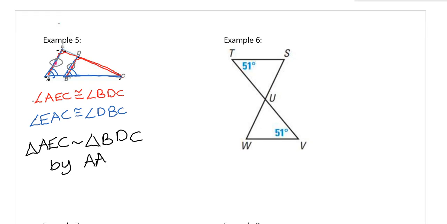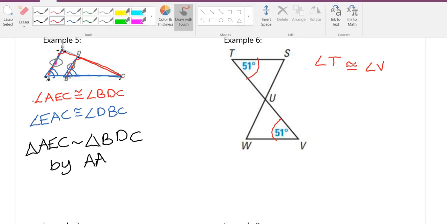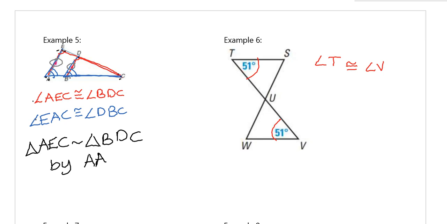All right, looking at our next example. Again, I already have one set of angles here. Angle T is congruent to angle V. What else can I say? Remember, anytime you have these two triangles kind of touching, those lines, you get those vertical angles.